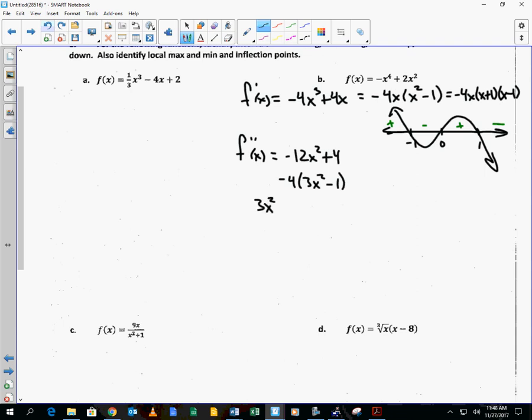Well, let's see. 3x squared minus 1 is equal to 0, so 3x squared is equal to 1. So x squared is 1/3. So x is plus or minus the root of 1/3, which is the root of 3 over 3. Well, that's a pain in the butt. Root of 3 over 3 is like 0.57.